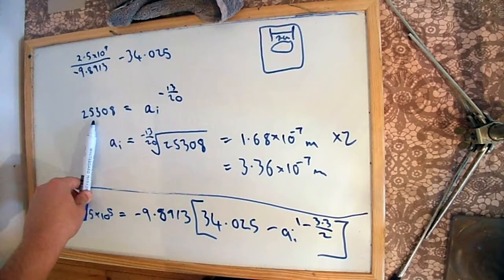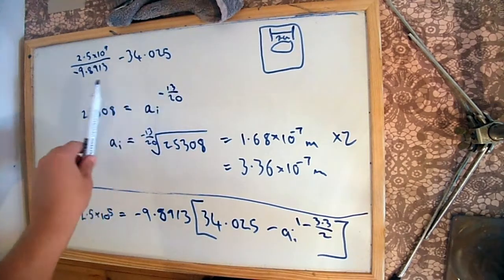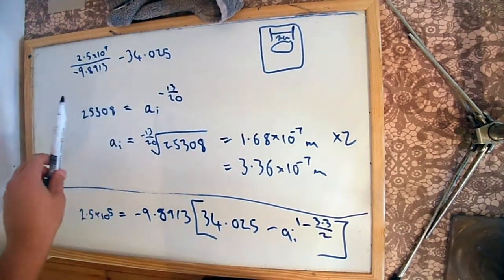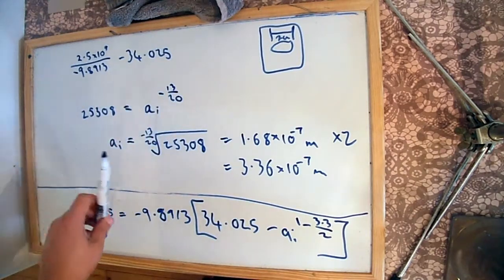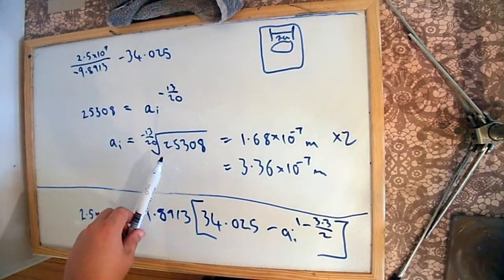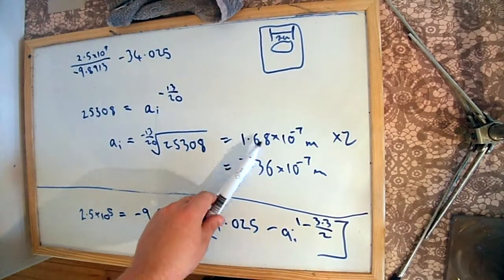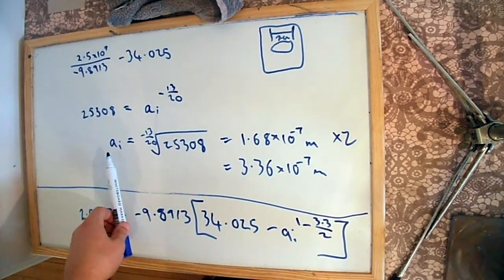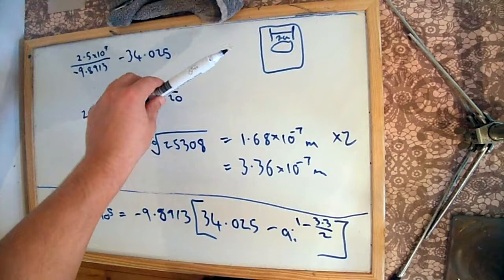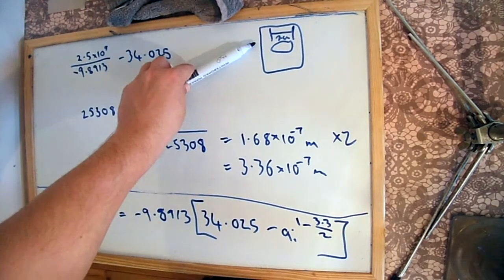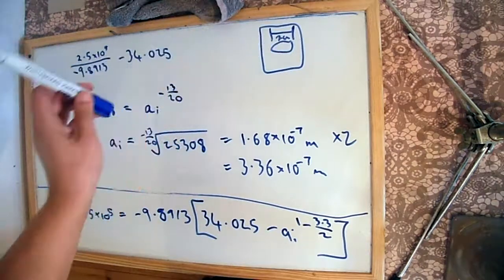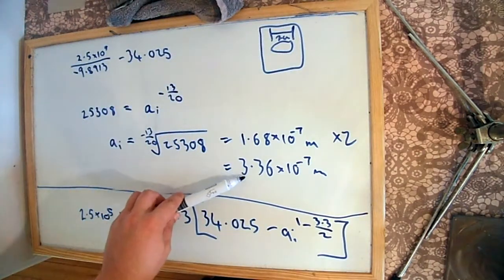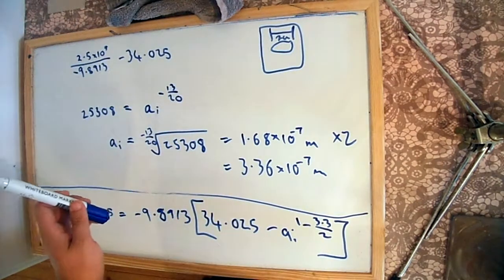Root of this number, and just throwing this to the other side, so you root both sides by that number. And then you come out with this value in meters for the initial crack size, but you have to multiply it by 2 because of there being 2A in the actual crack length. So then this would be the answer for part 2.